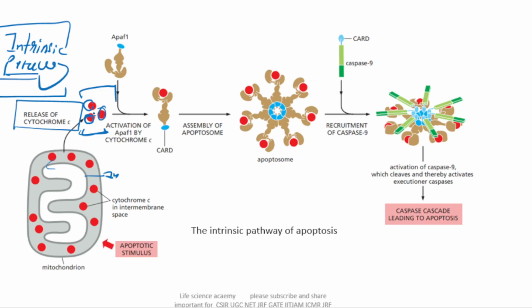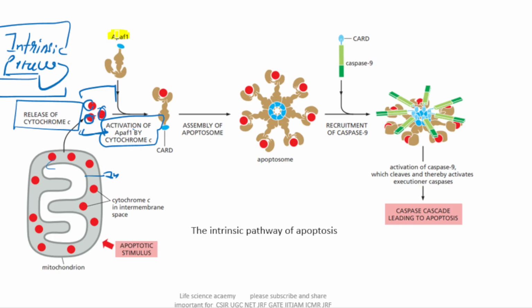So there are multiple factors responsible for releasing cytochrome C. When cytochrome C comes into the cytosol, we have a mechanism which initiates the apoptotic pathway, like the activation of APAF1 by cytochrome C.